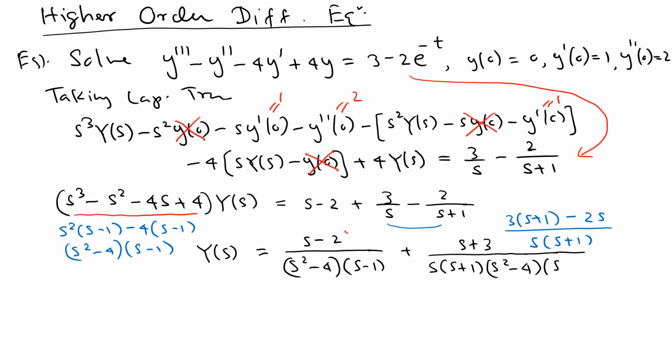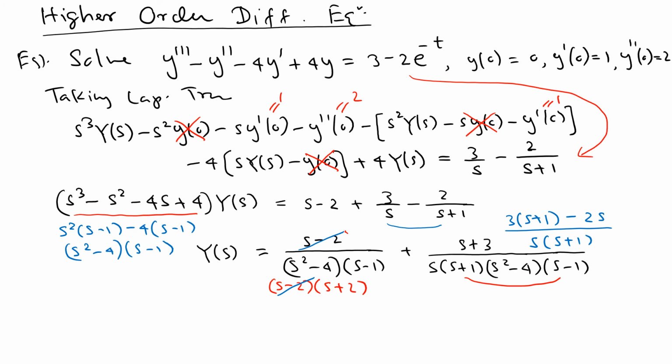So now what we can do is combine these two, and also you can see that we have s minus 2 and s plus 2. So that factor is going to cancel out, so you get 1 on top.